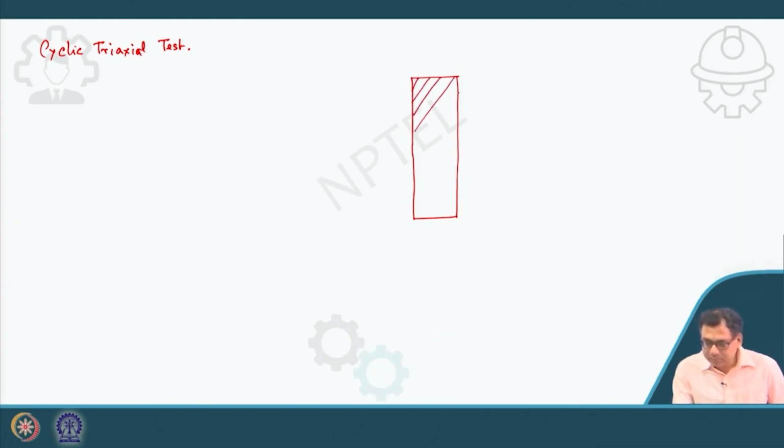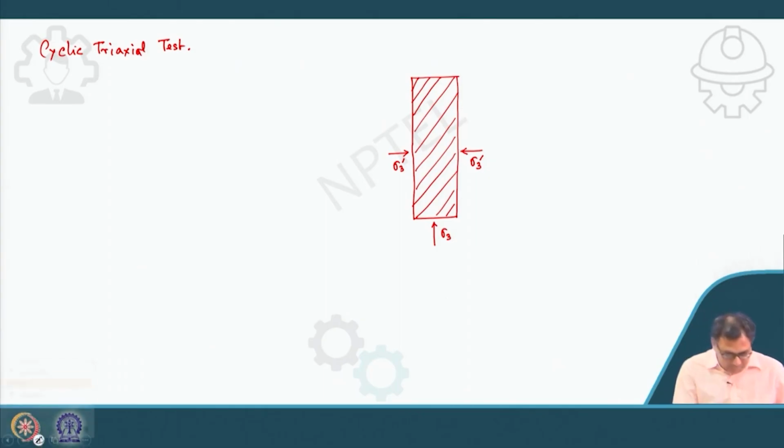Now, say this is a triaxial sample. We are applying sigma 3, or you can write sigma 3 dash. Right now I am writing about sigma 3 only.